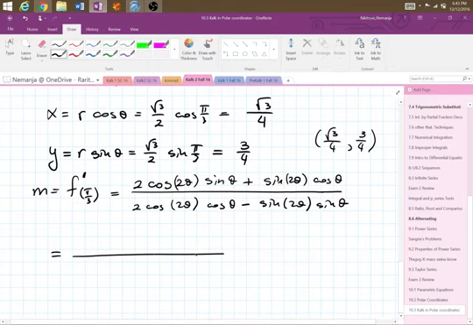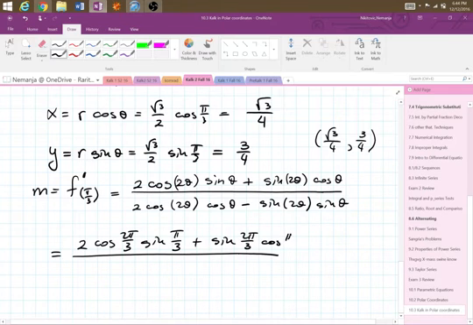So I have 2 cosine 2 pi over 3 sine pi over 3 plus sine 2 pi over 3 times cosine pi over 3, divided by 2 cosine 2 pi over 3 cosine pi over 3 minus sine 2 pi over 3 sine pi over 3.